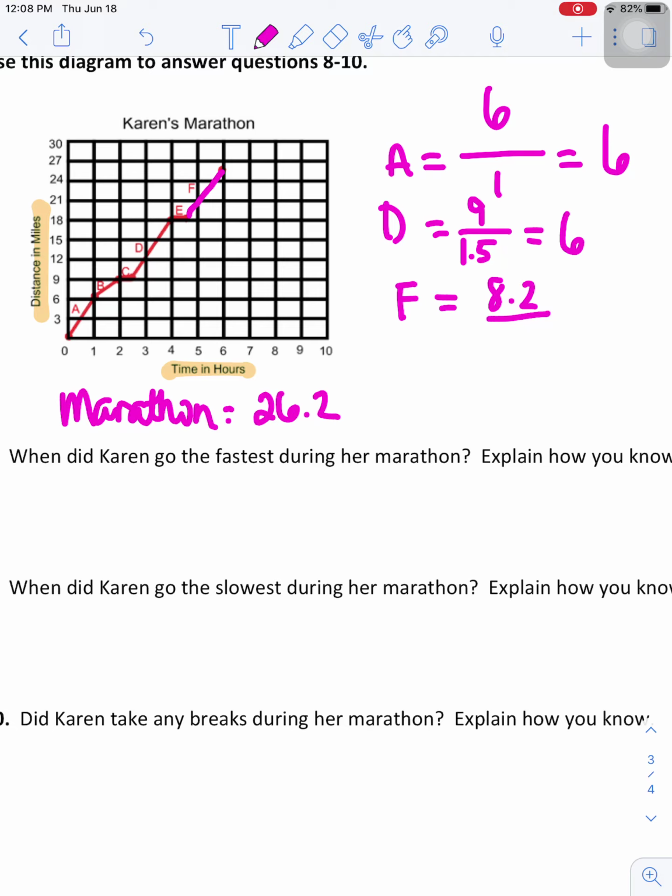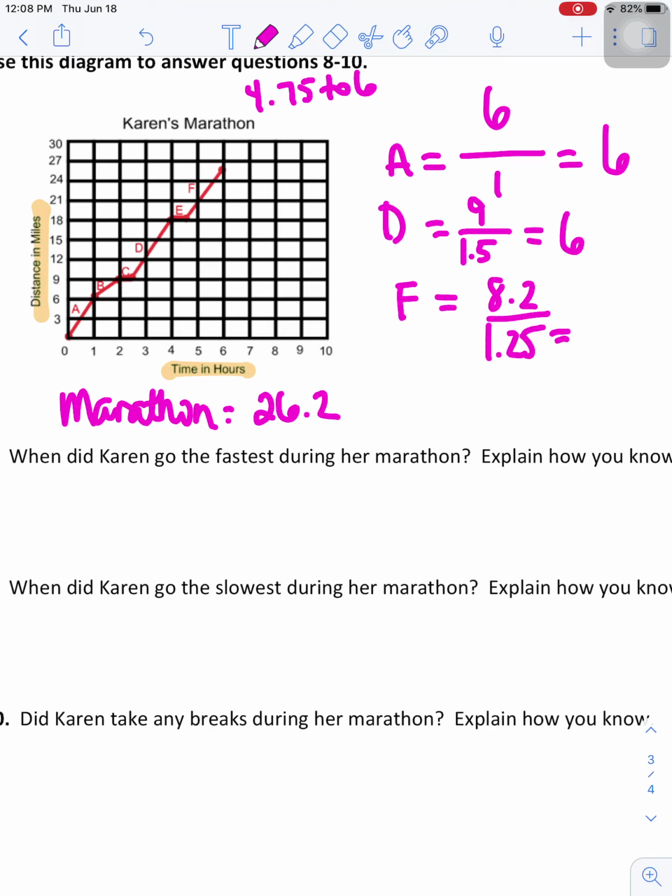And her timing went from probably about, what does this look like? I don't know, maybe 4.75 to 6. So if we take 6 and subtract the 4.75 to get the timing difference, that's 1.25.